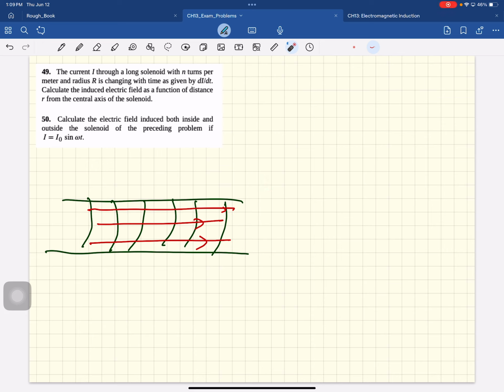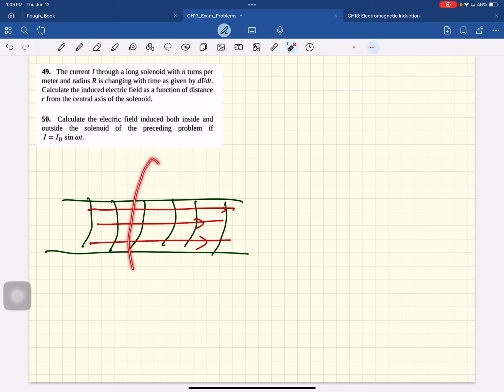What they want you to find is the induced electric field as a function of distance r. So you're going to increase the current through here. That means you're increasing the strength of the magnetic field.